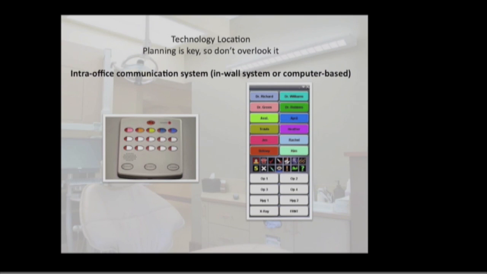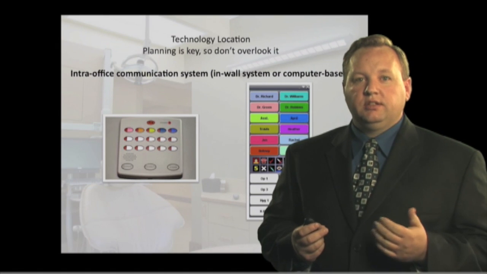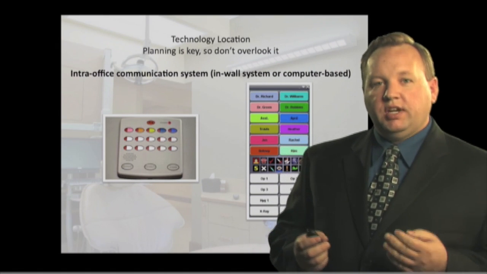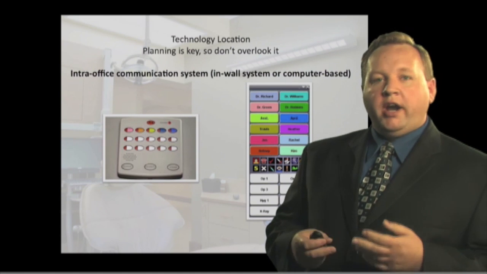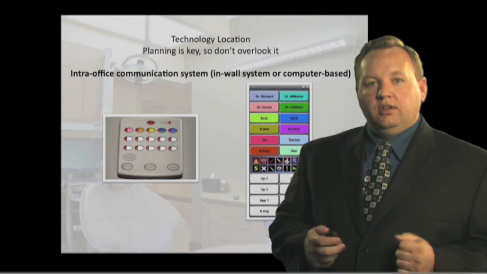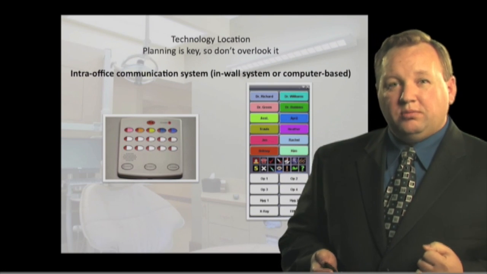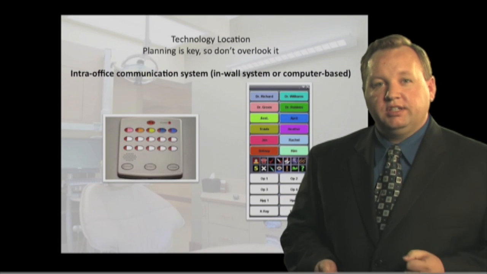You can still go with a wall-mounted system. But if you're going with a wall-mounted system, there's a lot of planning that you need infrastructure-wise to be able to implement, because these devices need power, they need wiring so that they all connect together so that they can communicate. So thinking of all of these items is key because you want to make sure that the infrastructure is in place.